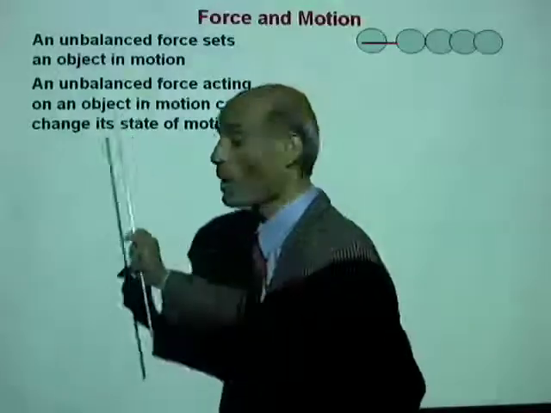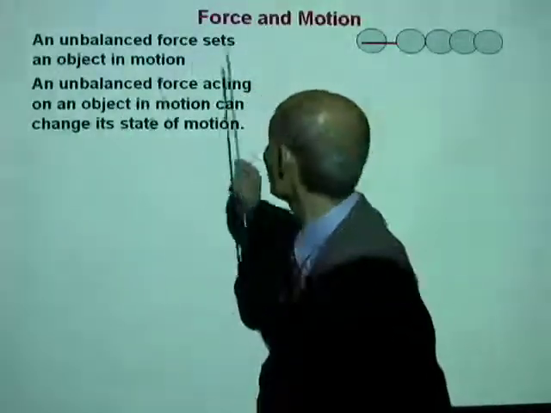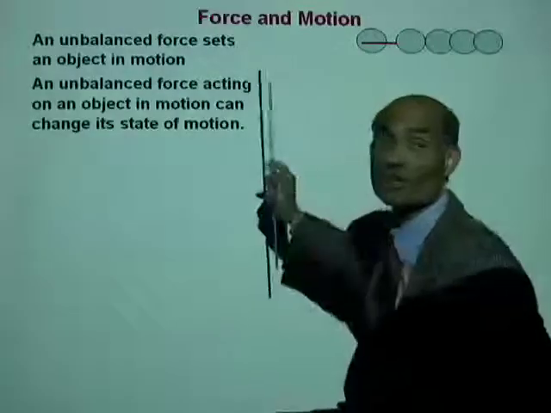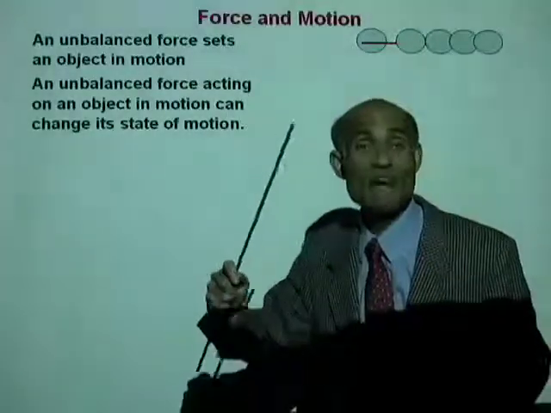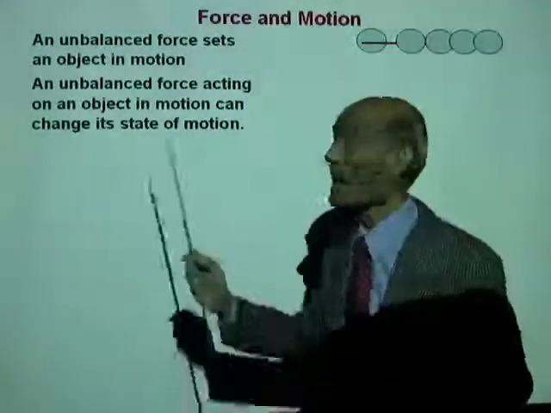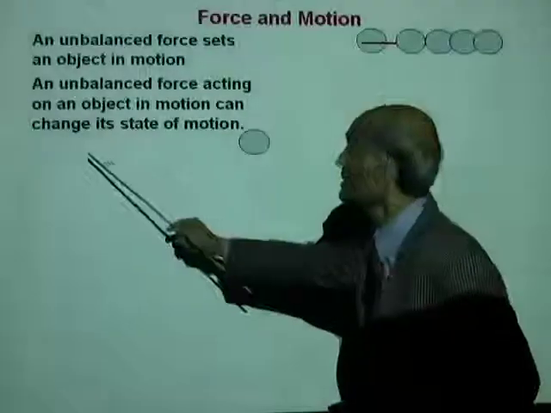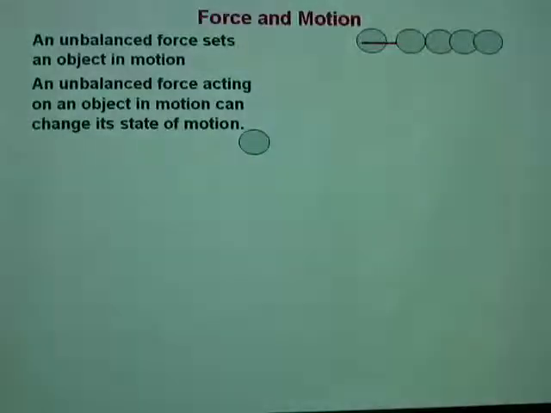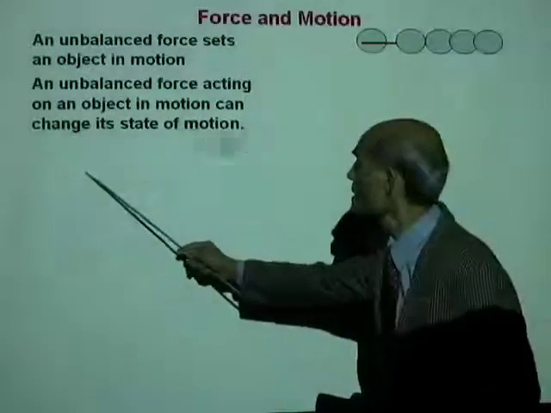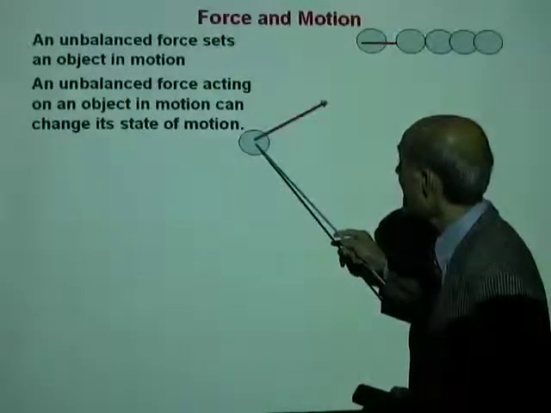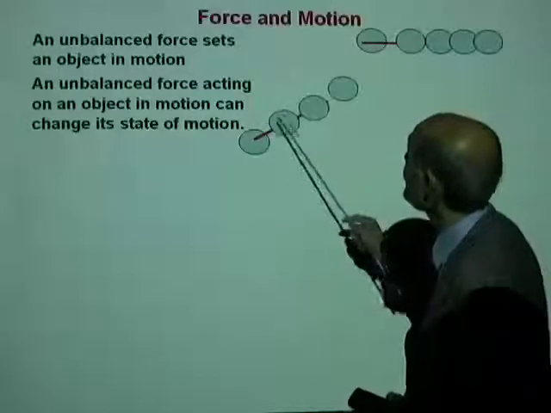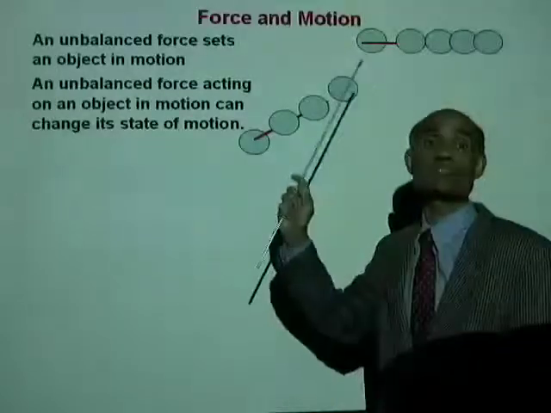So a moving object will continue in its state of motion unless there is an unbalanced force acting on a moving object. Now here you saw the object moving from the left. Well, I don't think you can see it. It is moving from the left, and the unbalanced force now changes its state of motion.